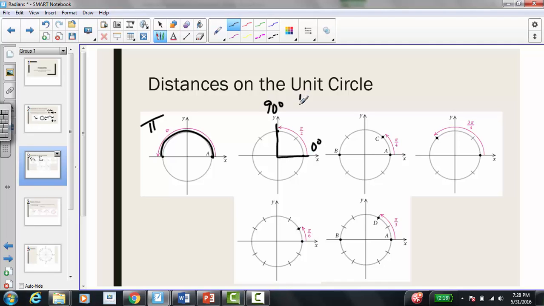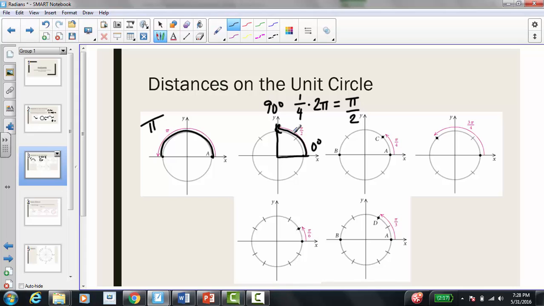So I would have 1/4 times 2 pi, which simplifies to pi over 2. So if I travel a quarter of the way around my unit circle, I have traveled a distance of pi over 2.